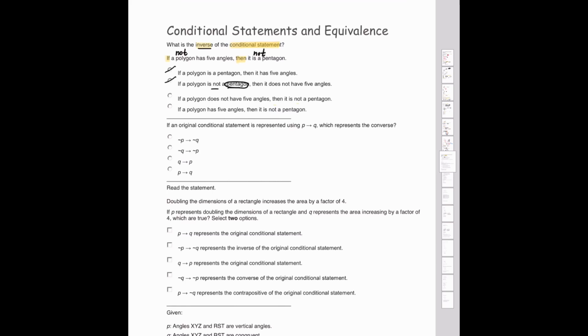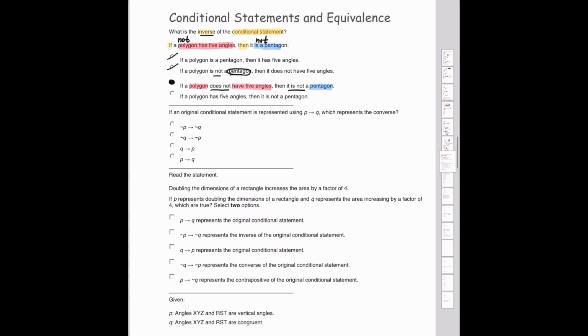If a polygon does not have 5 angles, then it is not a pentagon. That is exactly what we are looking for. Let us remember that the conditional told us that if a polygon does have 5 angles, then it is a pentagon. This is telling us if that polygon does not have 5 angles, then it is not a pentagon. Therefore, our answer choice is C.